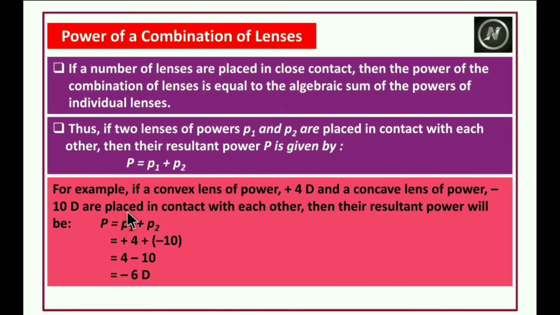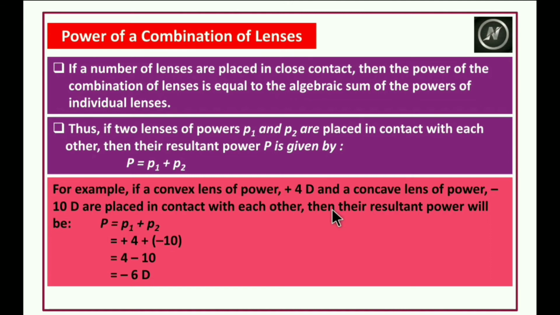For example, if a convex lens of power plus 4D and a concave lens of power minus 10D are placed in contact with each other, what is the resultant power? Here two types of lenses are given. One is plus 4D and another is minus 10D.